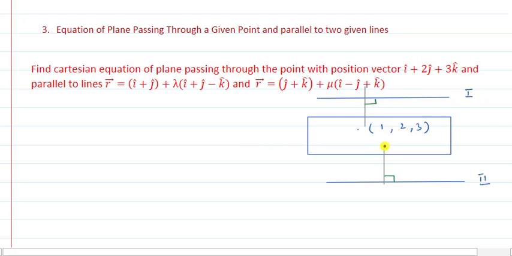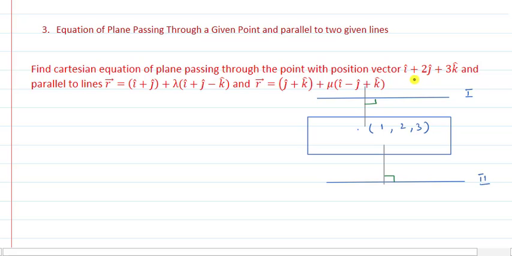So the normal to the plane is perpendicular to the lines which are parallel to the plane. And you know very well that if two lines are perpendicular to each other, then the dot product of their direction ratios is 0. So the same concept we'll use over here that we have studied in case of vectors.